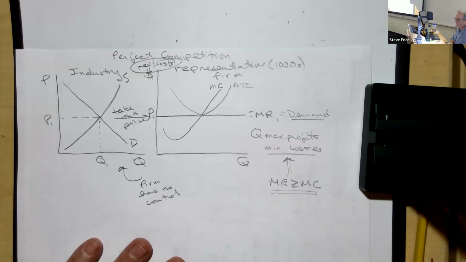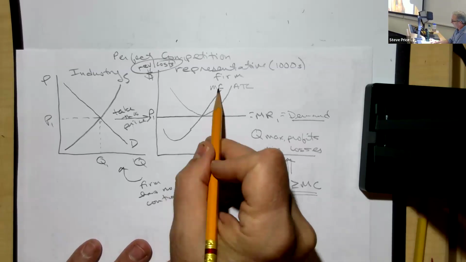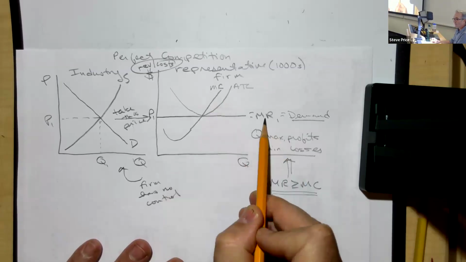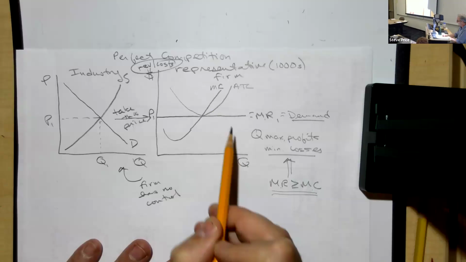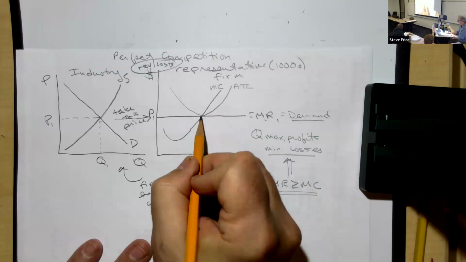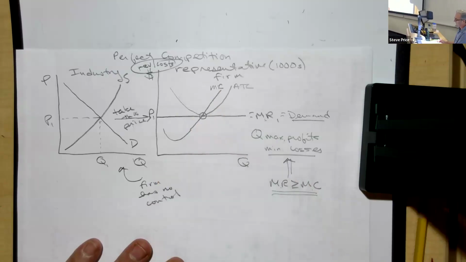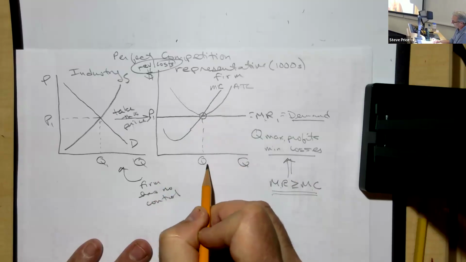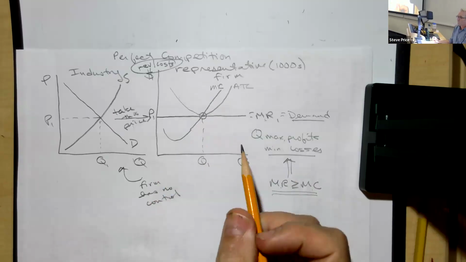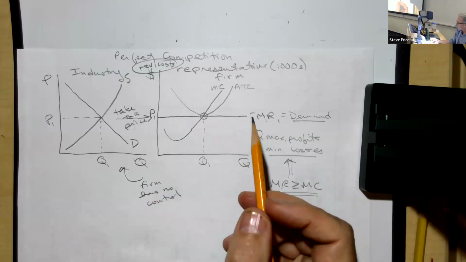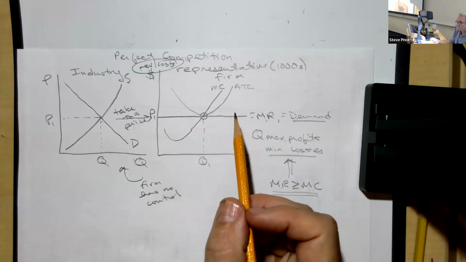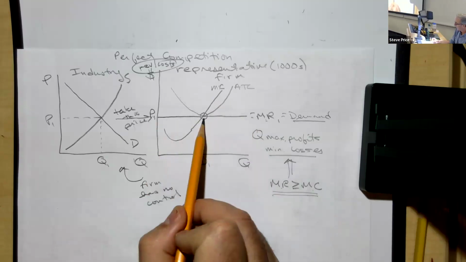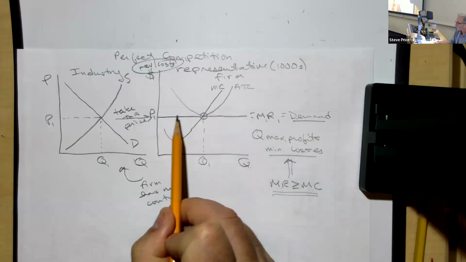One last thing before we get to the math. Where MC and MR meet, right? MC and MR. So there's our point. Let's make a real big deal about this. So there's our quantity. What is P times Q? We did this the first day.